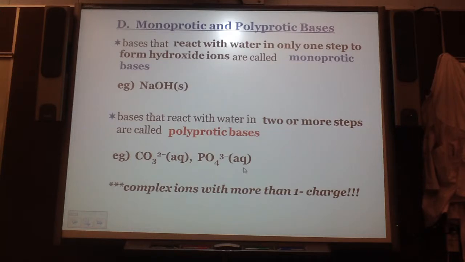Like a carbonate ion or a phosphate ion. So any base compound that comes with a polyatomic that has more than one charge, or just an ion with more than one charge.